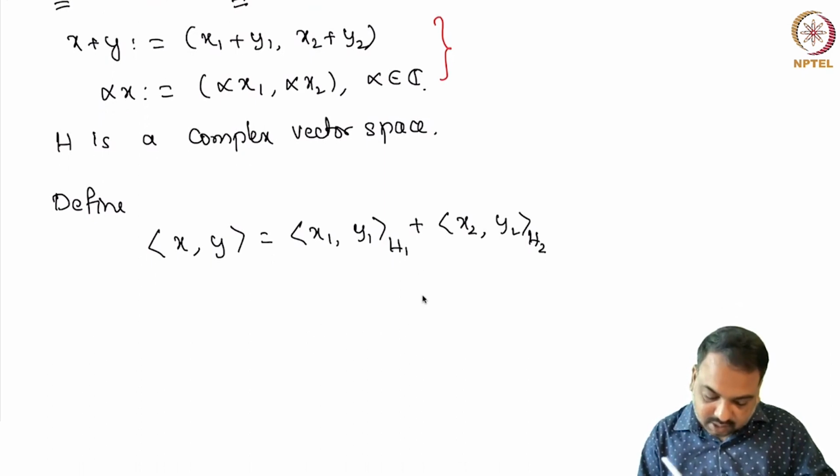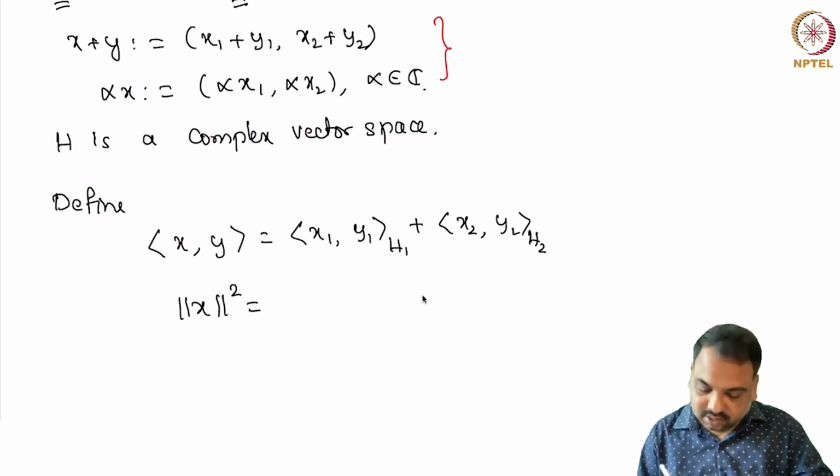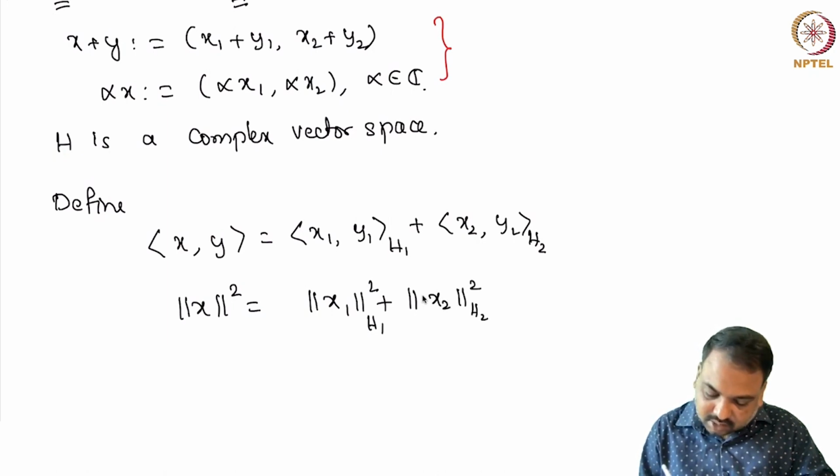The corresponding induced norm, take y equal to x, you will get norm x1 squared in the Hilbert space H1, plus norm x2 squared, which is the norm in the second Hilbert space.